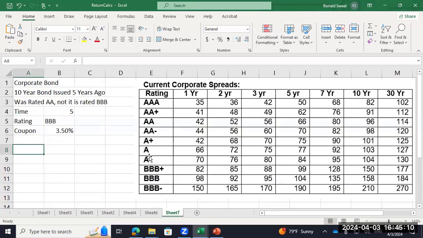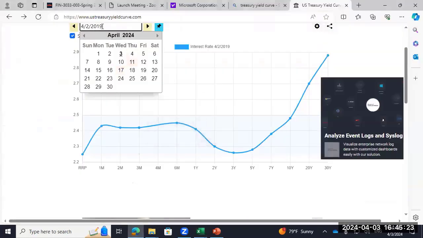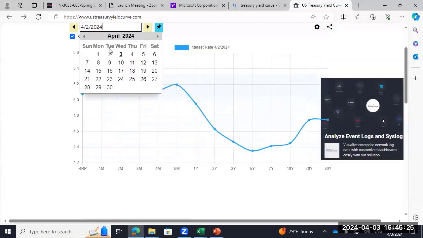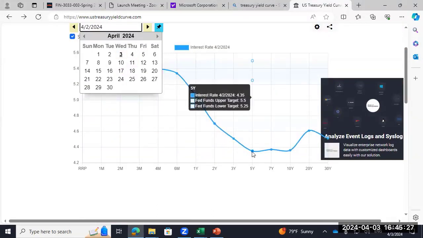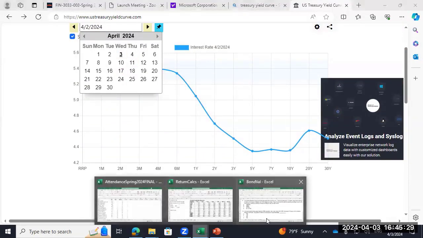Now today, the risk-free rate. What risk-free rate do we want? The 10-year or the 5-year? It's a 5-year bond, right? So we want the 5-year yield. The 5-year yield is 4.35.